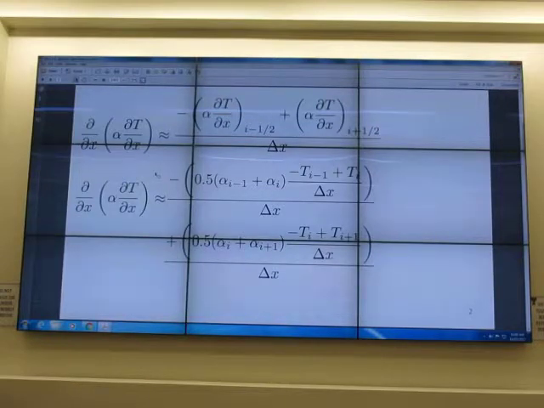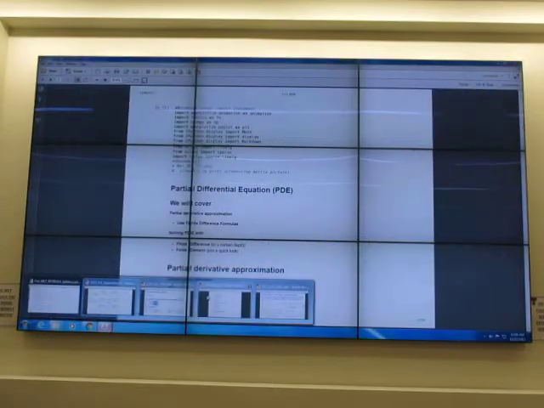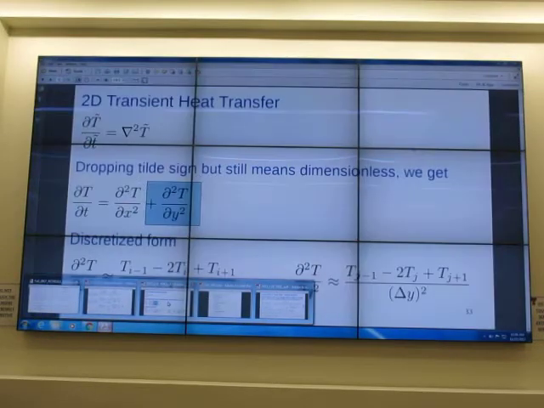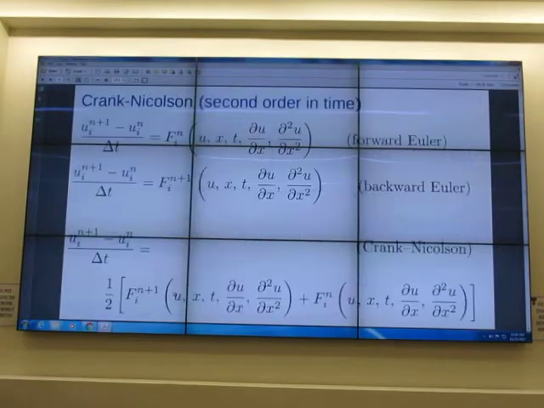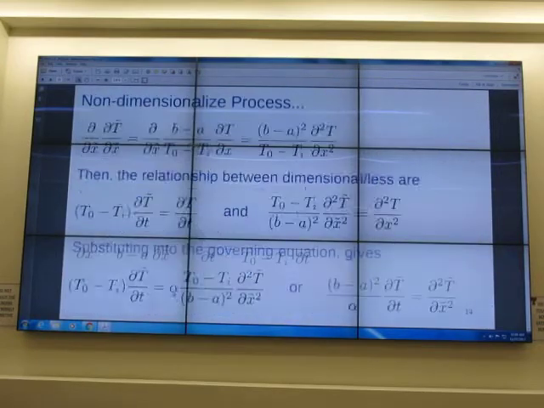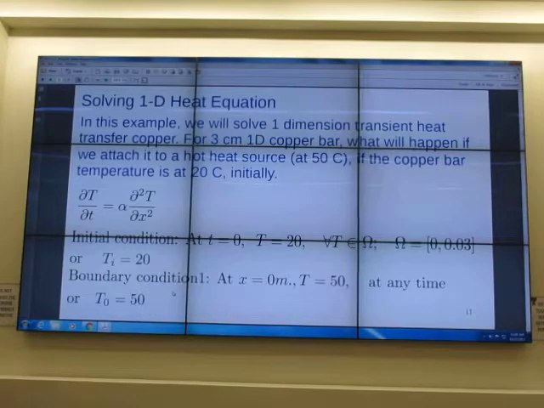You can do it, but it's not as rigorous as finite volume, for the case where thermal conductivity or thermal diffusivity is not uniform. So the full dimensional form, originally, what is my original form? This one, right?